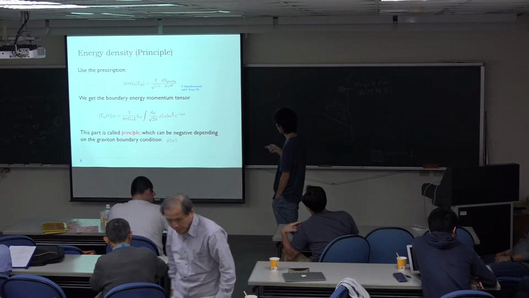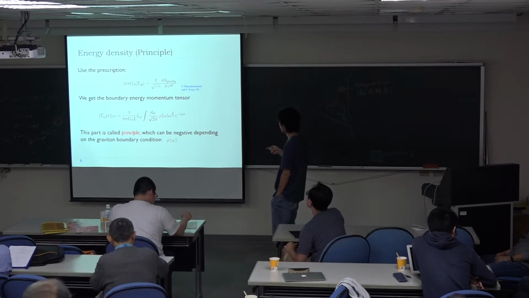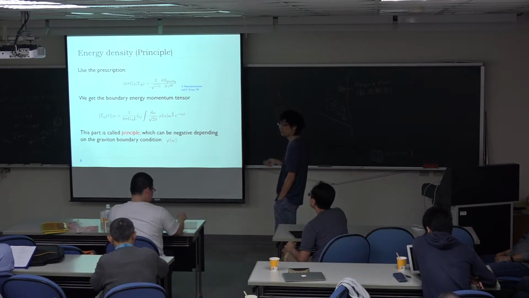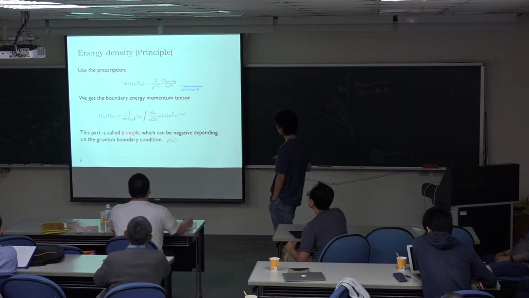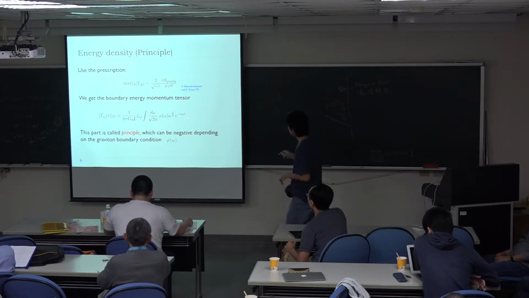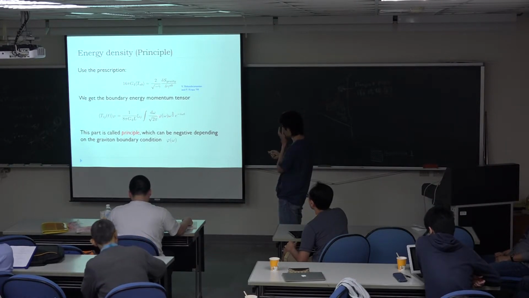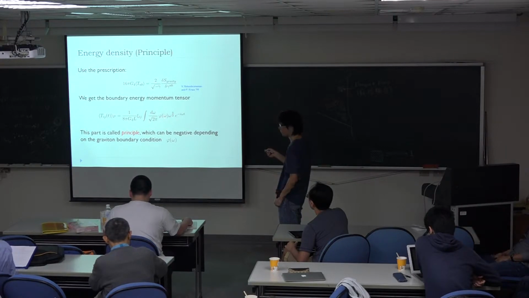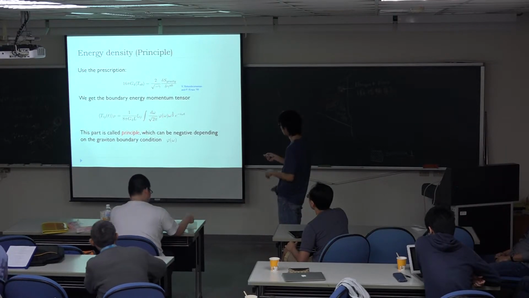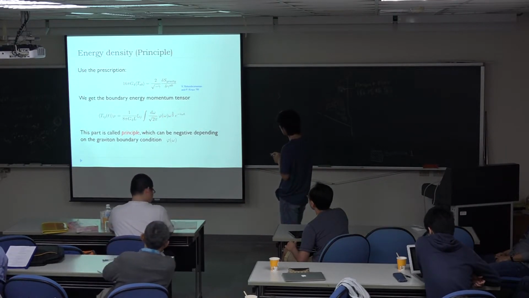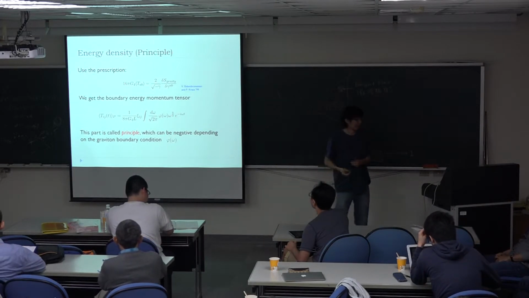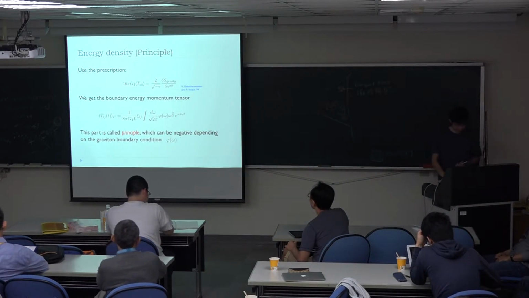Here phi omega is the function specified by the boundary condition of your gravitational wave. This part is called the principal because it could be negative, depending on the boundary condition for your gravitational wave. So this is the amount of energy you can borrow from the vacuum.